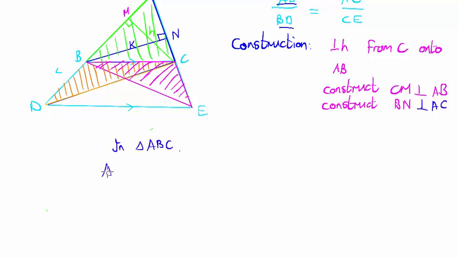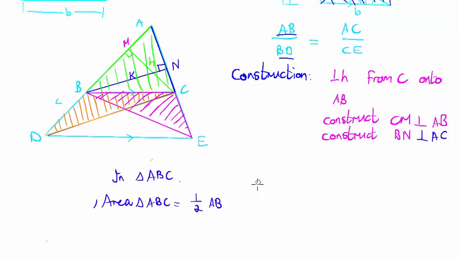And so now I'll say in triangle ABC, the area of triangle ABC is equal to a half AB, which is now my base, times my perpendicular height. I've now called it CM. Or area of triangle ABC is equal to a half AC, that's now my base, and now BN is my perpendicular height.